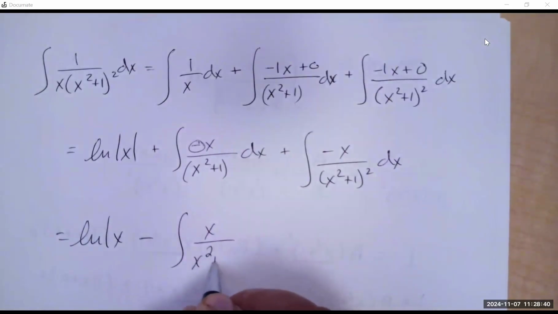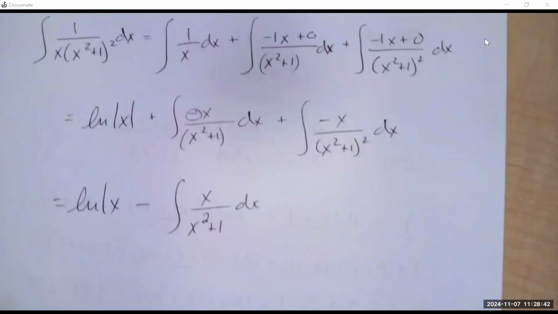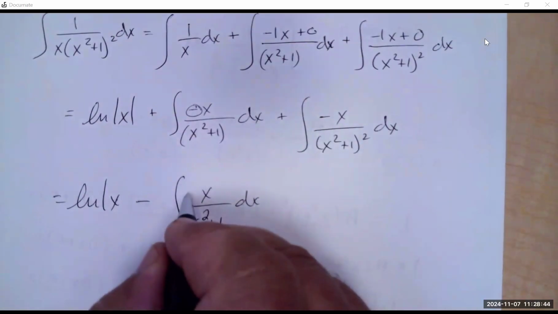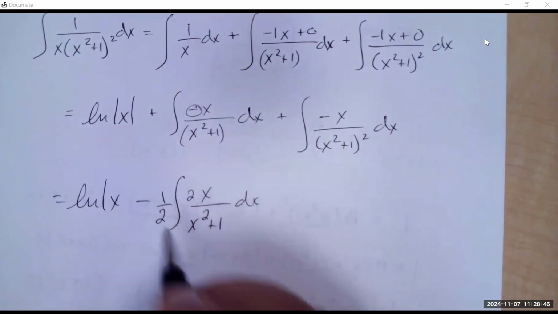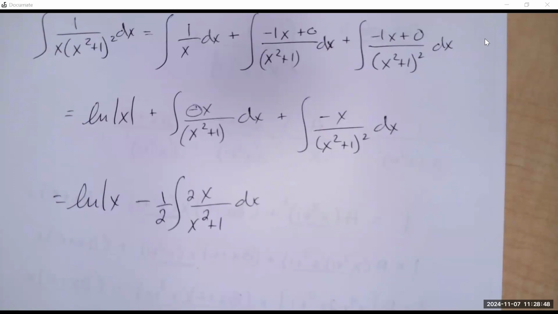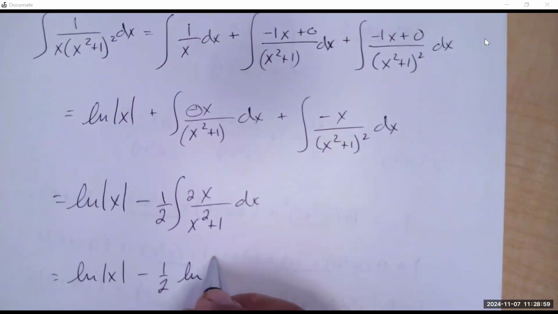But what's missing? If we take the derivative of the bottom, what's missing? So we can put a 2 there. If we put a 2 there, we have to get rid of it. So we have 1/2 ln x squared plus 1.